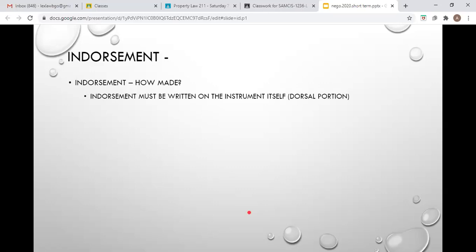But is it possible that a payable to bearer instrument will now be negotiated to a transferee by way of endorsement completed by delivery, kagaya ng order instrument? What do you think? The answer here is yes. A payable to bearer instrument can be negotiated also through endorsement completed by delivery.